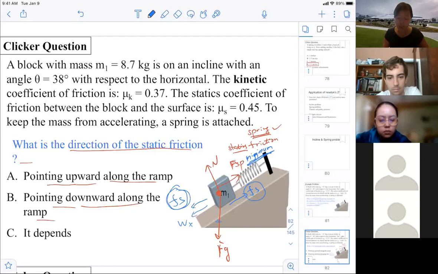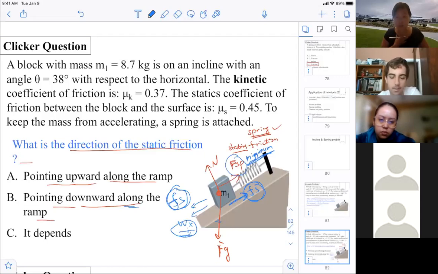If your friction is pointing down the ramp, then your spring force has to balance out friction and the weight component, Wx. If your friction is pointing up along the ramp, then your spring force and your friction together will balance out Wx. So which of these cases will give you a spring force that is the minimum?